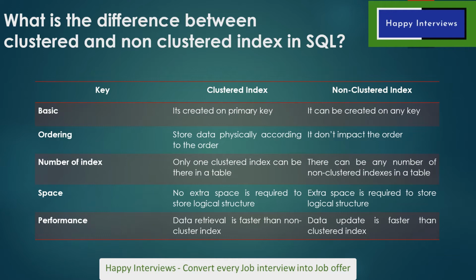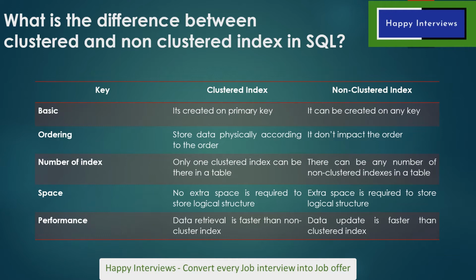Why one? Because clustered is created on the primary key, and the primary key will be one only, so clustered index will also be one only. Whereas non-clustered is created on any key, so there can be any number of non-clustered indexes in the table.